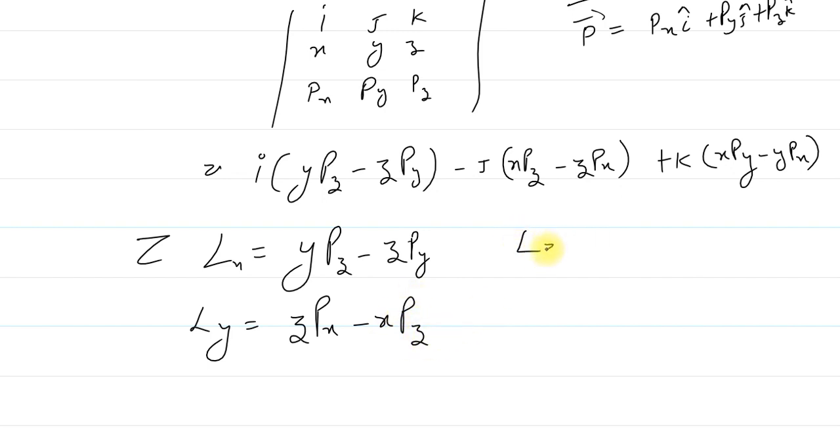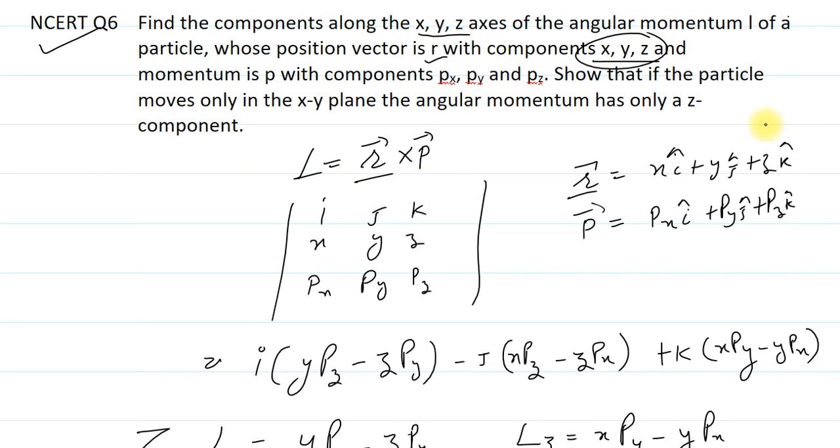And then the z component of angular momentum is x py minus y px. So these are the components of angular momentum. We were asked in the problem for the components along the x, y, z axes of the angular momentum of a particle whose position vector is r and momentum has components px, py and pz. So these are the components of angular momentum.